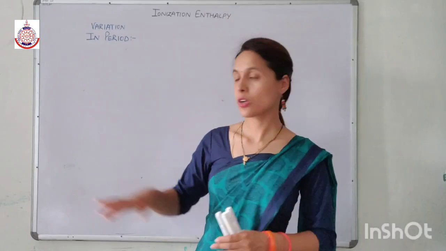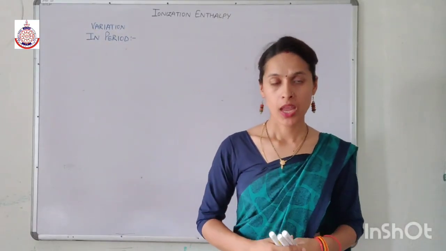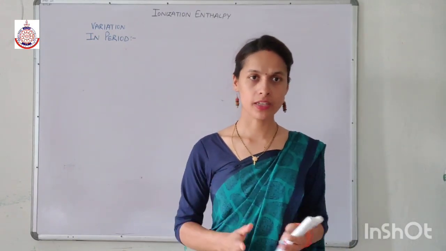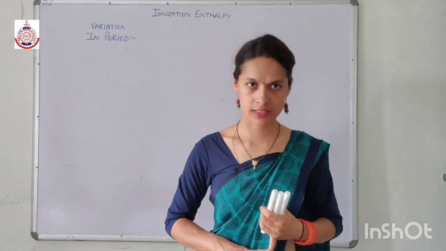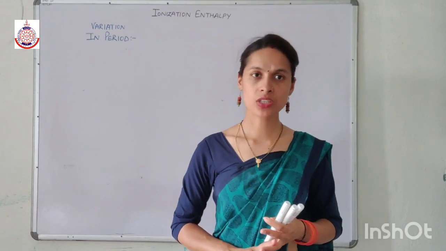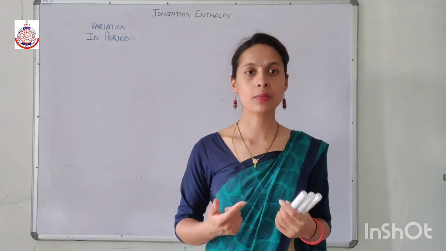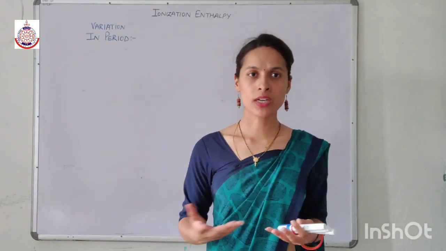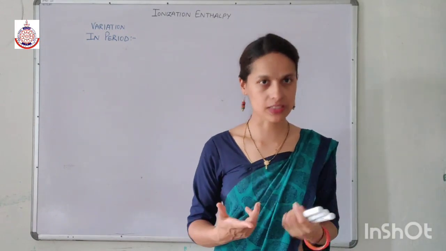First of all, we'll talk about the variation of ionization enthalpy in a period. As we move left to right in a period, what happens? Atomic size decreases. Due to the decrease in atomic size, nuclear force of attraction increases, and it becomes difficult to remove the loosely bound electron from the atom, as a result of which ionization enthalpy increases.